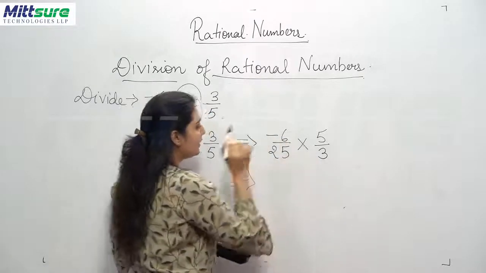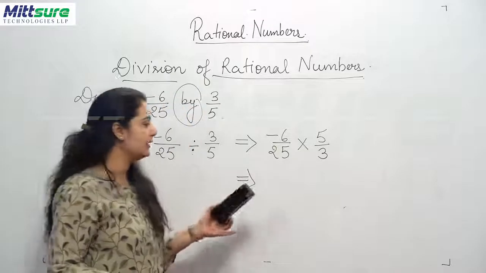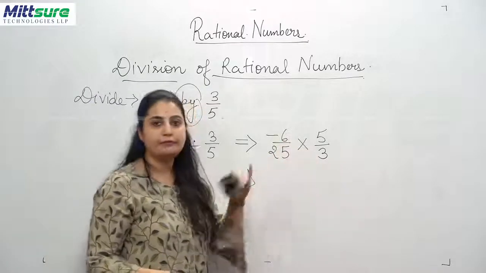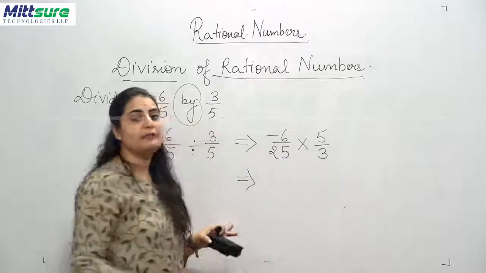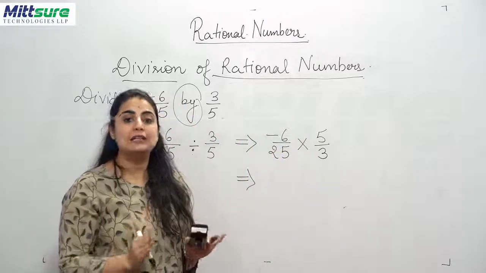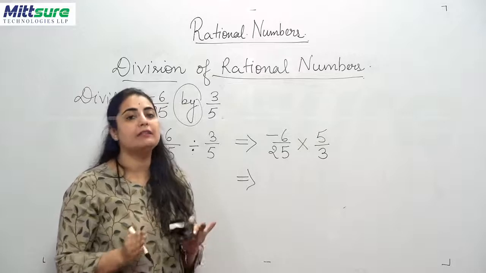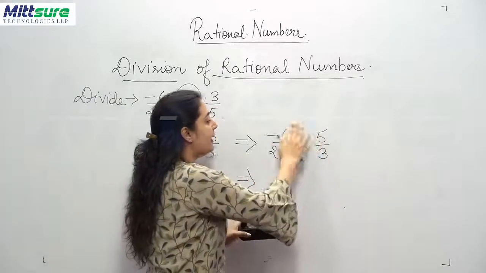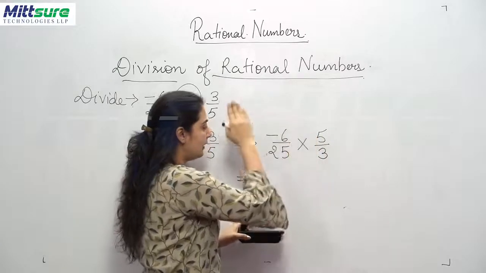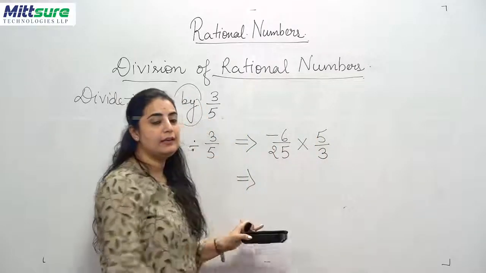Here 3 and 6 are multiples of each other, that means 6 is a multiple of 3. And secondly, 25 is a multiple of 5. So they can be cancelled directly, or divided directly, instead of multiplying the numerator with the numerator and denominator with the denominator.